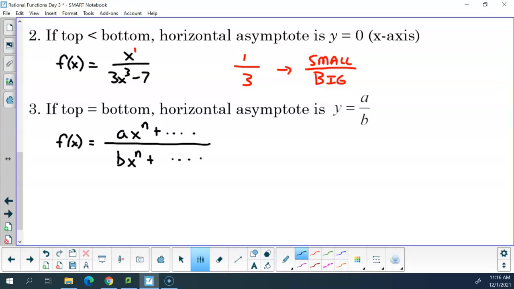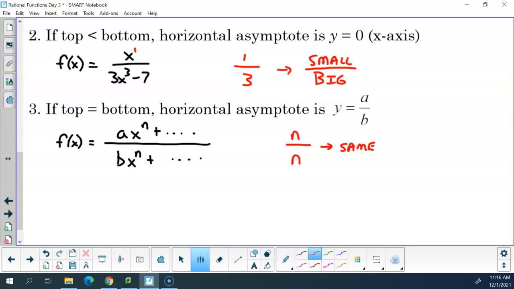I'm not going to give you a specific example. So if they're the same, so in this case it would be whatever n is, we call those the same. Then we're going to have a horizontal asymptote, but it's going to be the line y equals a divided by b.